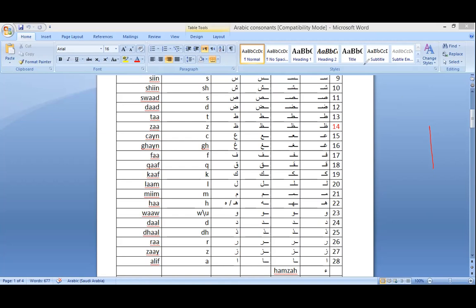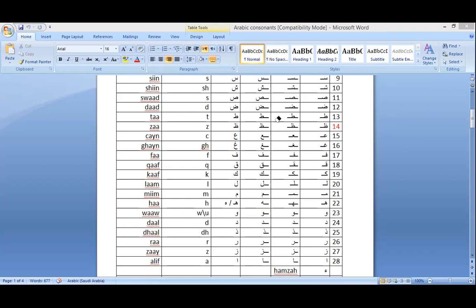Good. Now all those are letters. The rest we discussed, the other 14 letters. We began from Ain or A, Gha or Ghain, Fa, Qaf or Qa, Ka, La, Ma, Ha, Wa, Da, Tha, Ra, Za, and A. I want everybody to pronounce all this.